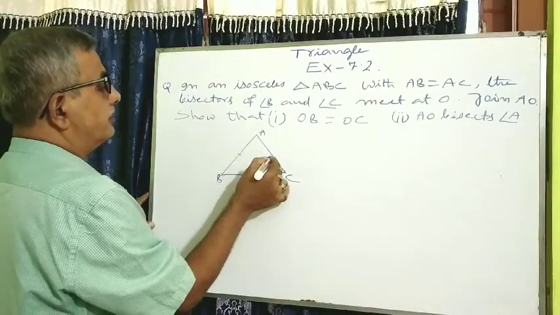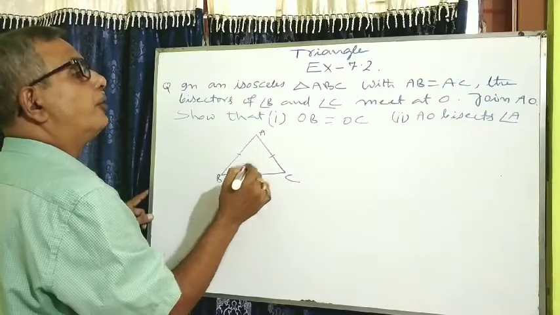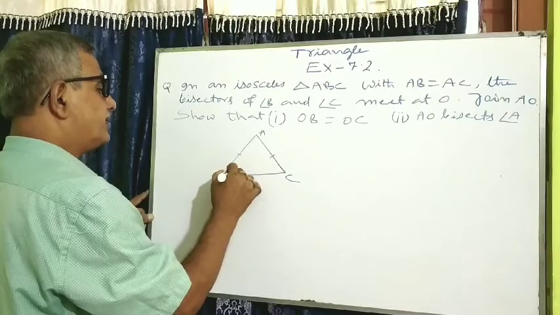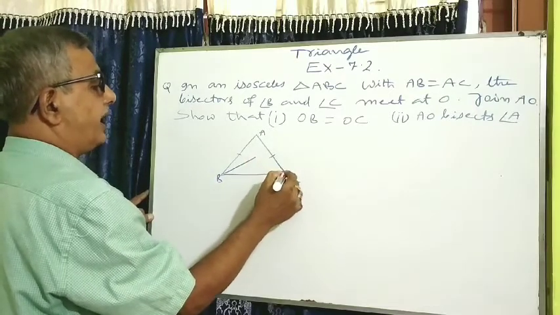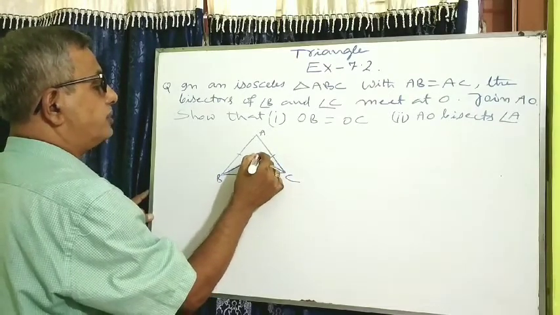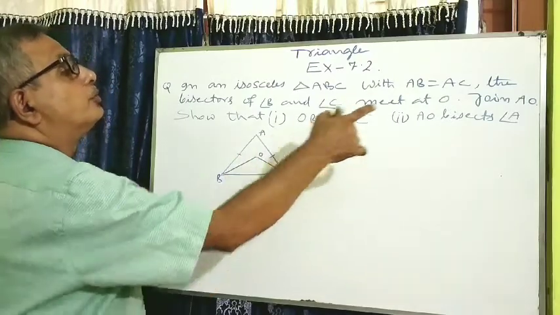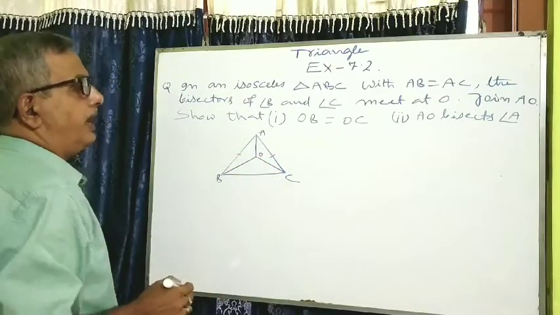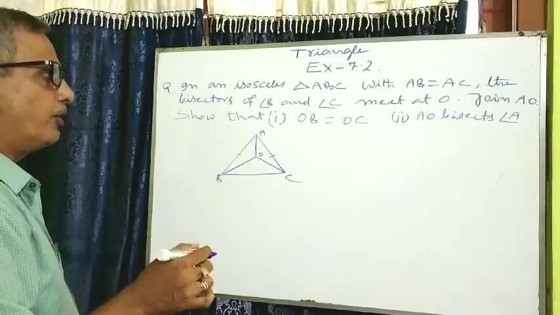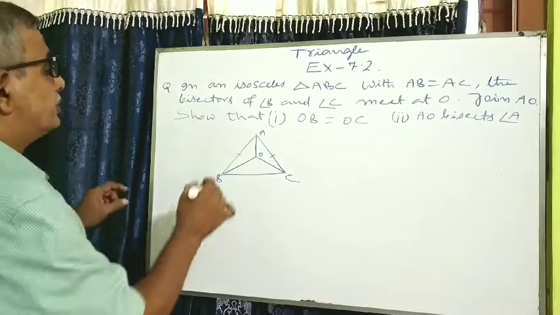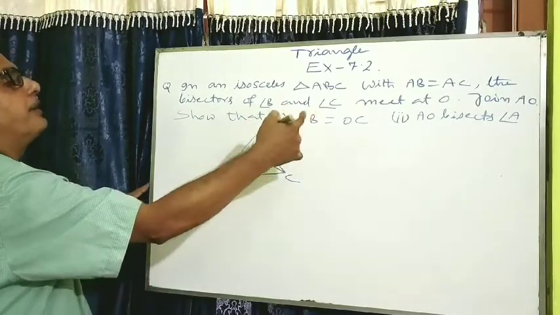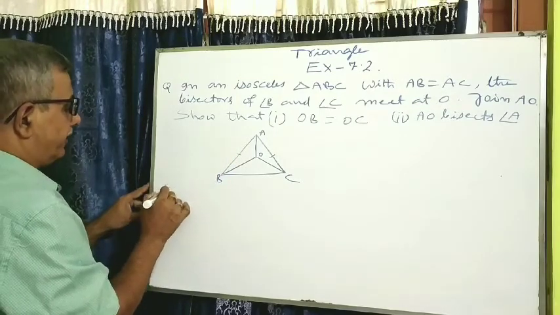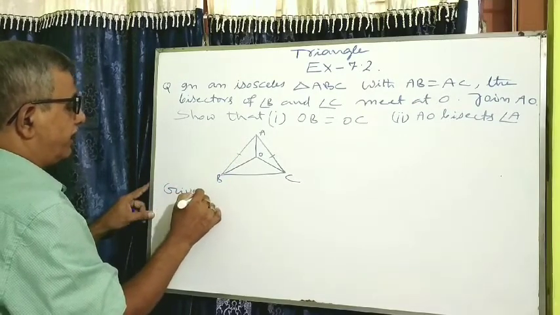AB is equal to AC. And which angles' bisectors are given? Bisectors of angle B and angle C meet at O. Join AO. I have joined. As it is given in the question, I have drawn. So here, everything is given. So I am writing here given. After drawing the figure, I have to write given.